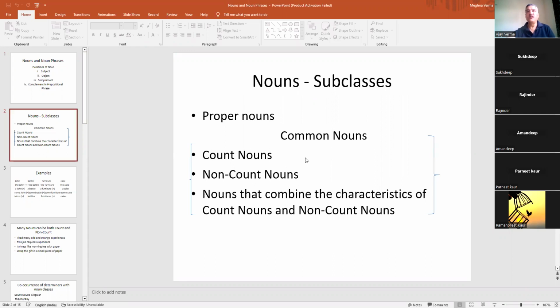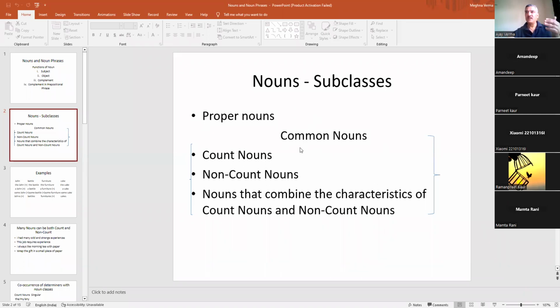There are three subclasses. The general classification in the beginning of the chapter is between proper nouns and common nouns. Proper nouns, we all know, are names of people and places. And common nouns are general objects, things. So this is the basic classification.